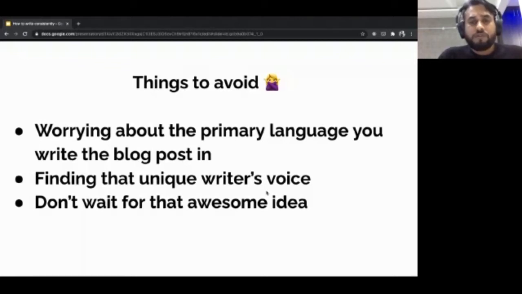Want to pursue writing in that particular format. Lastly, the thing you should avoid is waiting for that awesome idea. You can't. The motivation would be there for the first day or second day, or might be there for the first post or second post, but in the longer term, you won't be feeling inspired when you're writing the third or fourth post.